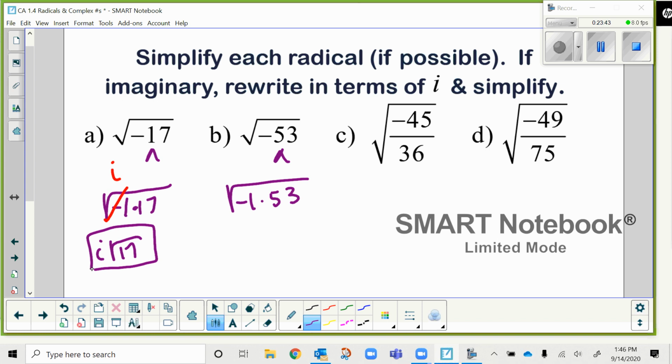The same thing is true on the B problem. 53 cannot be factored anymore, so it stays inside the radical. But the square root of -1 can be simplified. It is i. So i square root of 53.